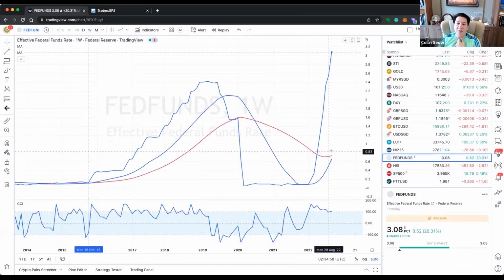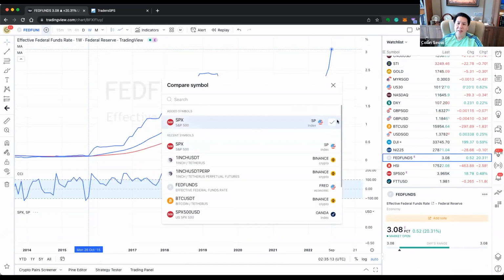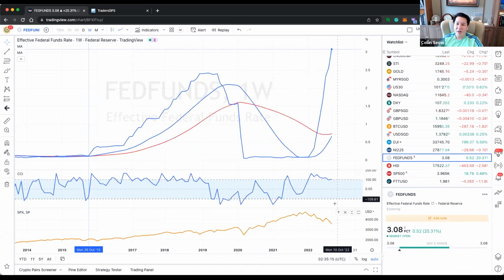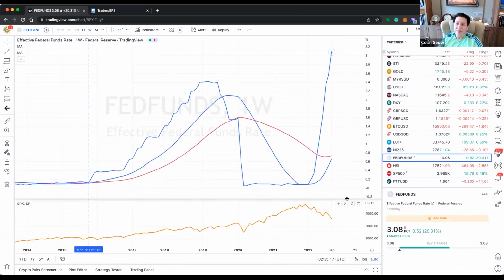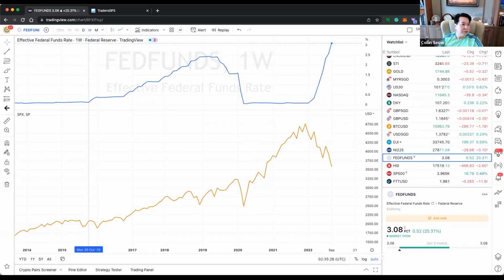We can see from here the Fed fund rate, and if we compare this with the S&P 500, the bottom is the S&P 500, the top is the Fed fund rate.